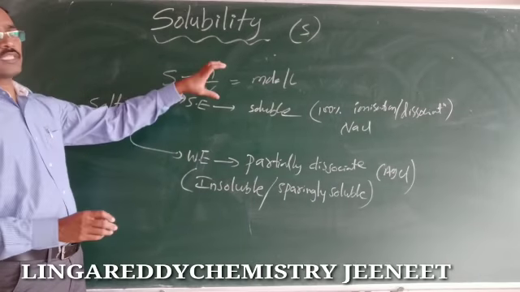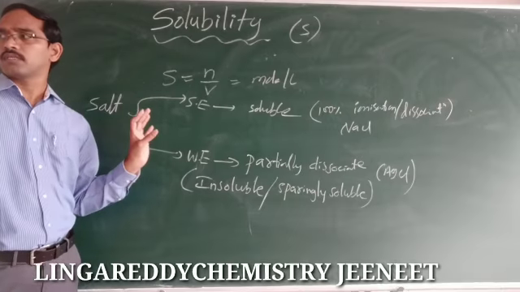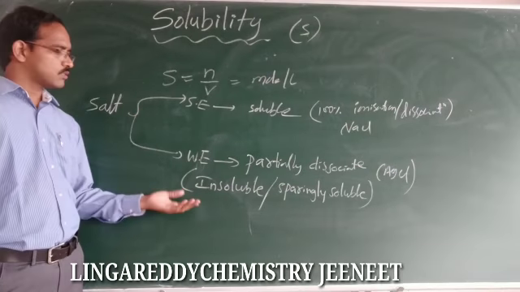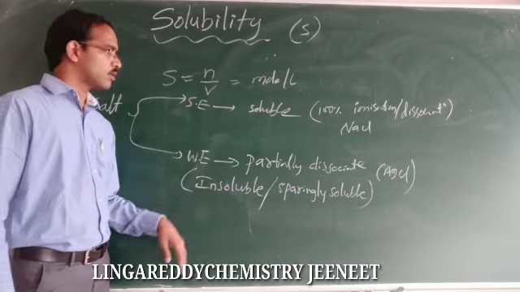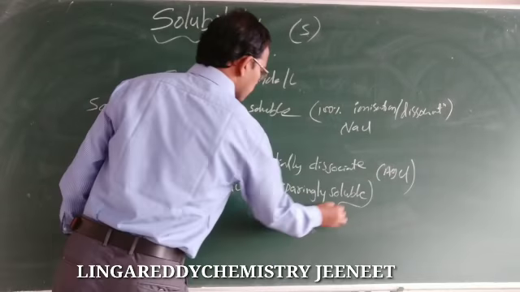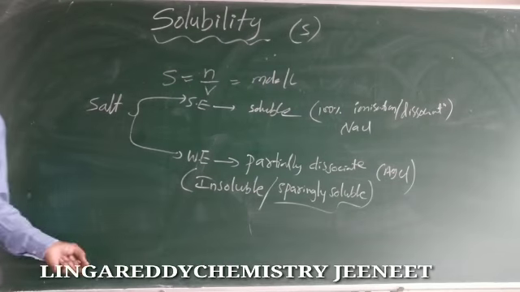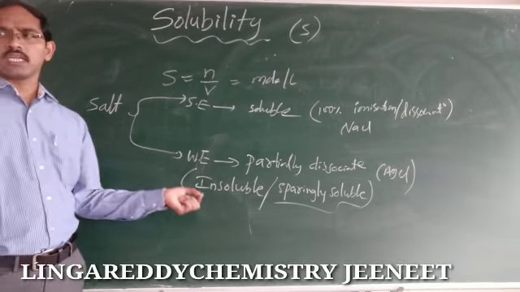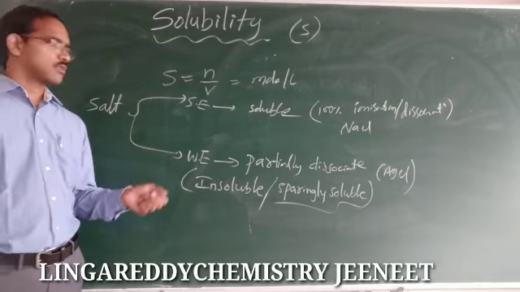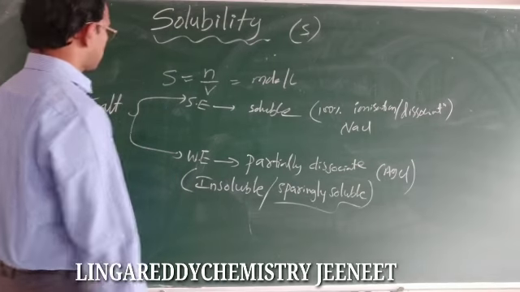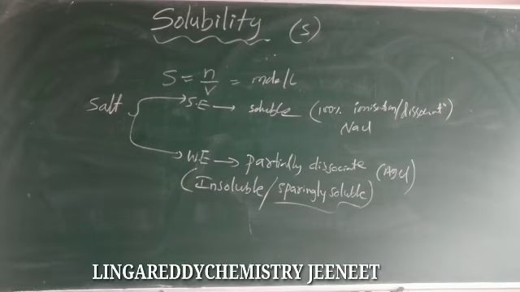AgCl gives a white precipitate in the water, so it is insoluble. Since a small quantity does dissolve, we say sparingly soluble. Sparingly means very minute. Write it.